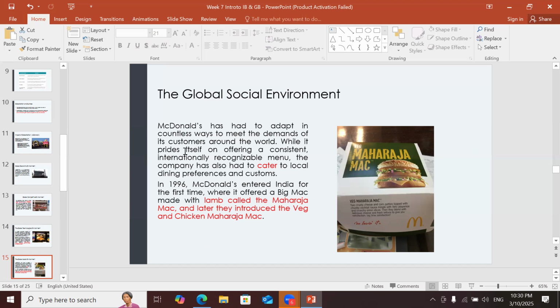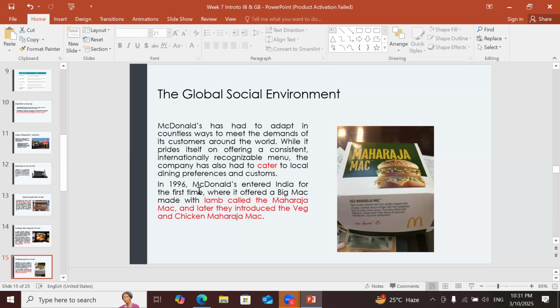While it prides itself on offering a consistent, internationally recognized menu, the company has also had to cater to local design preferences and customers. That means every country has some social perspective, and you have to follow it.